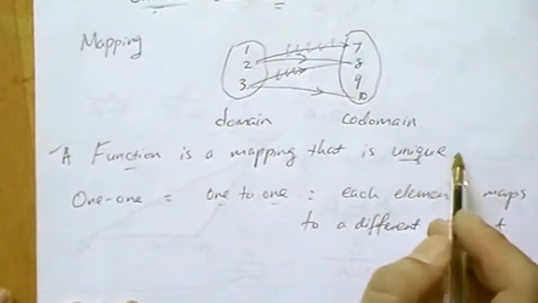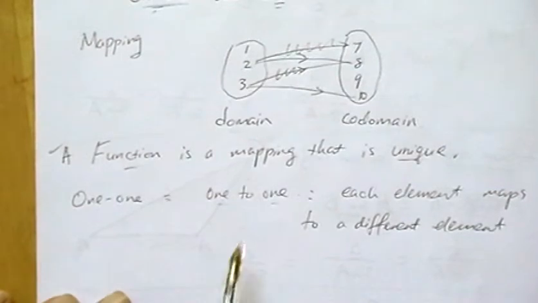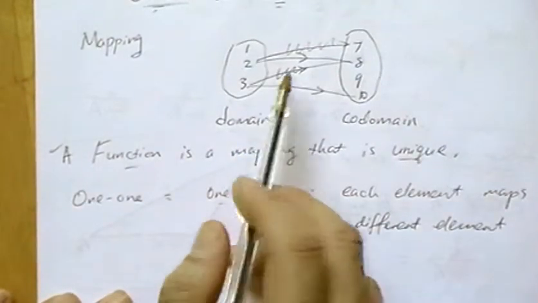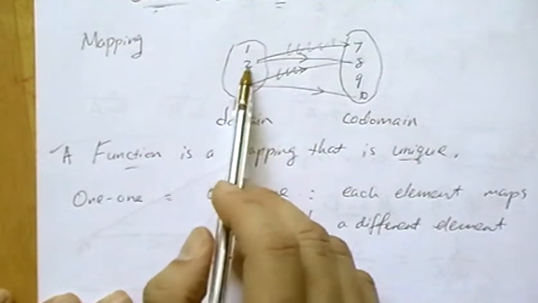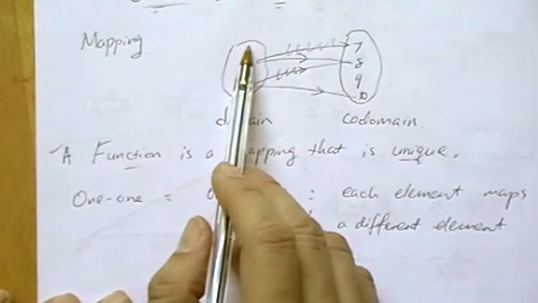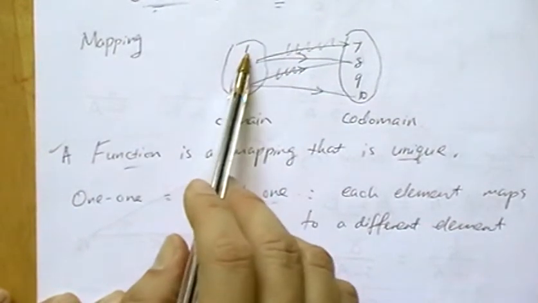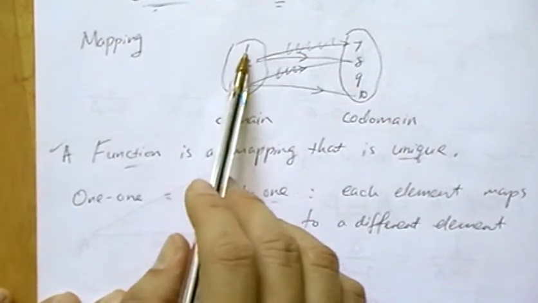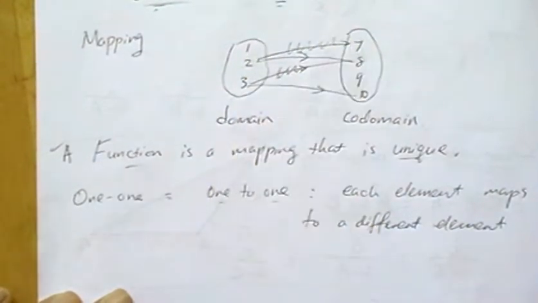Okay, so that's what this meant. Now, there's another property that is also required, which is that in a function, every element in the domain must have a mapping. Now, as I have drawn it, you see that I've actually ignored 1 all this time. So 1 is not mapped to anything.